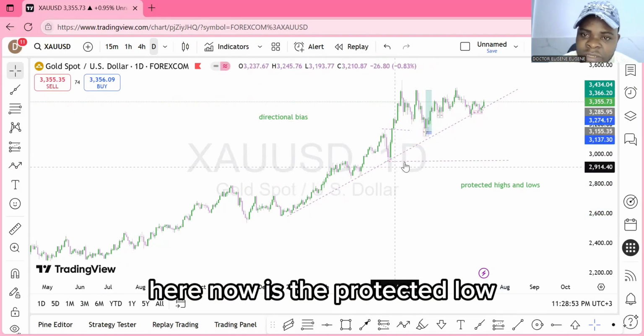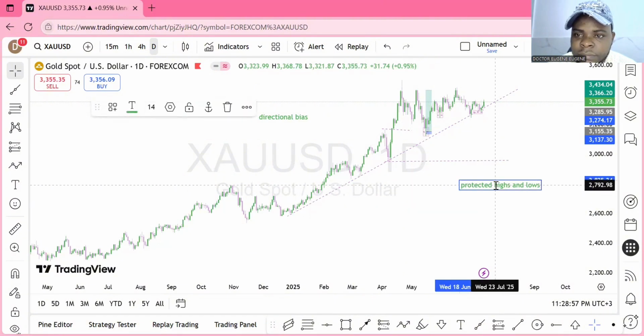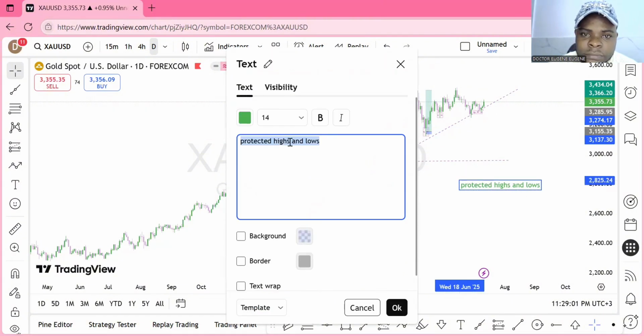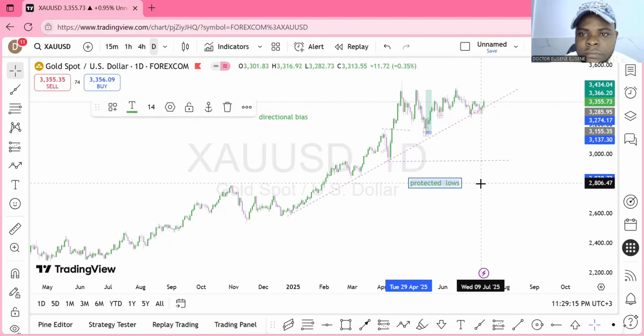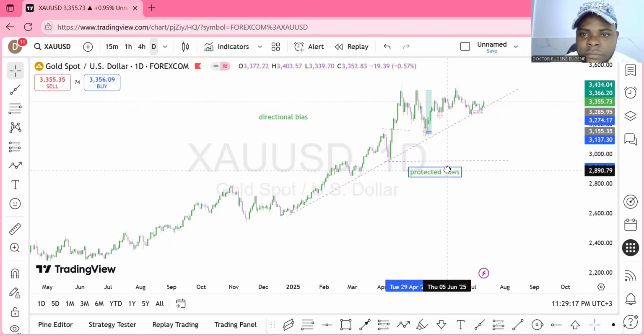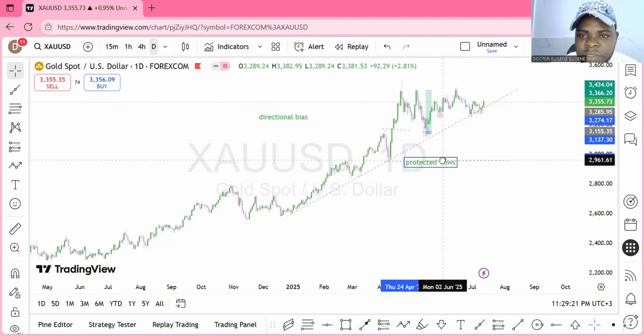Here now is the protected low. Protected low here.